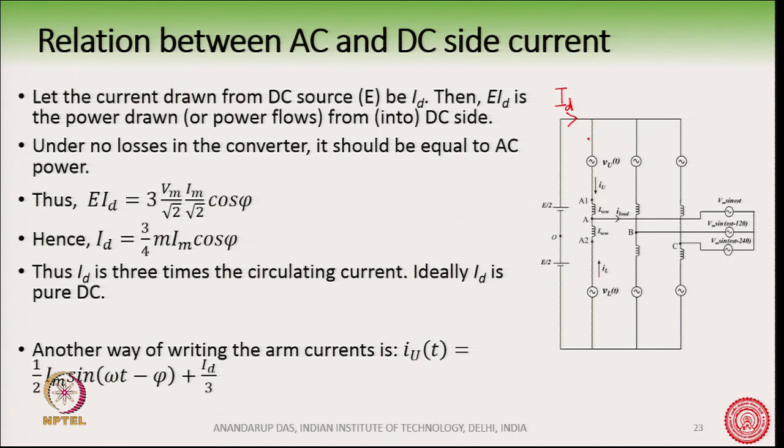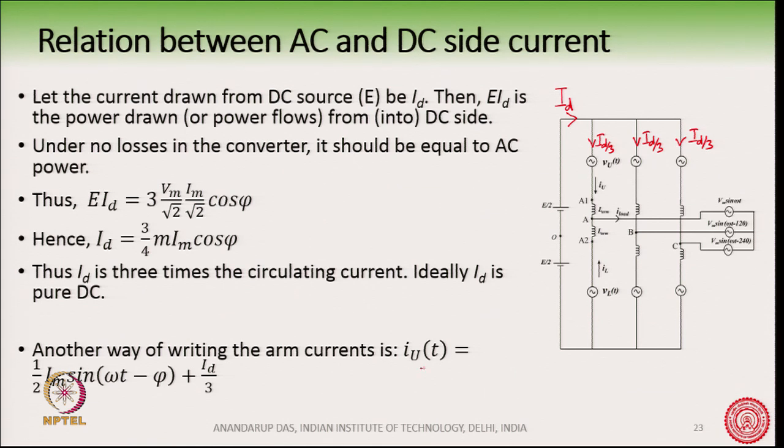So, this gets split into this and this. Okay. So, this is like this and this is like this and this is like this. Okay. So, this DC current, the ID by 3.